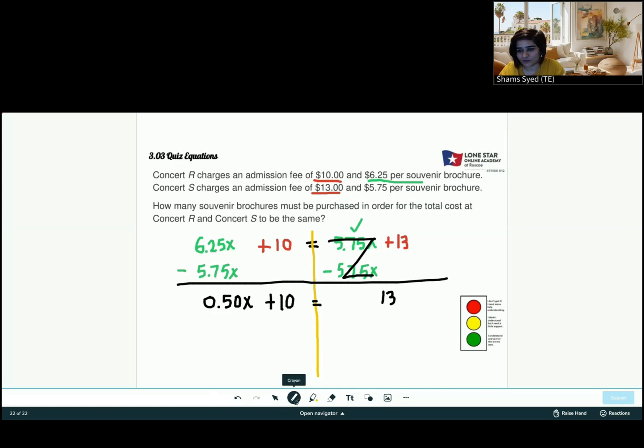When you're solving equations that look like these, make sure you want to get rid of this constant part first by reverse operations. Subtract 10 on both sides. And let's see the impact of subtracting 10 on both sides. We got rid of plus 10 and minus 10. We're going to have 0.5x equals 3.